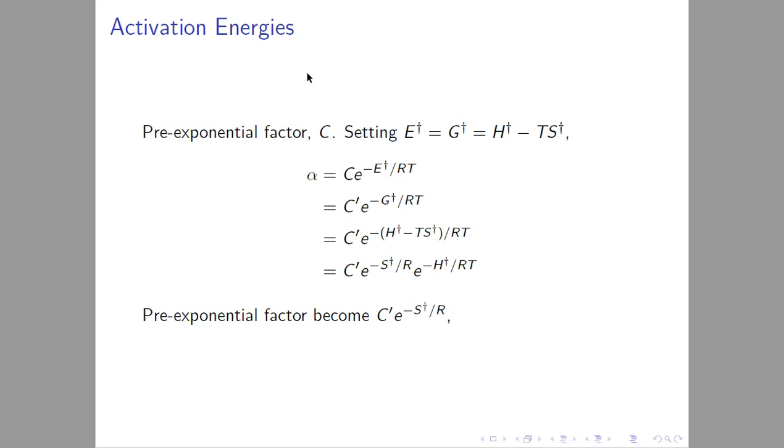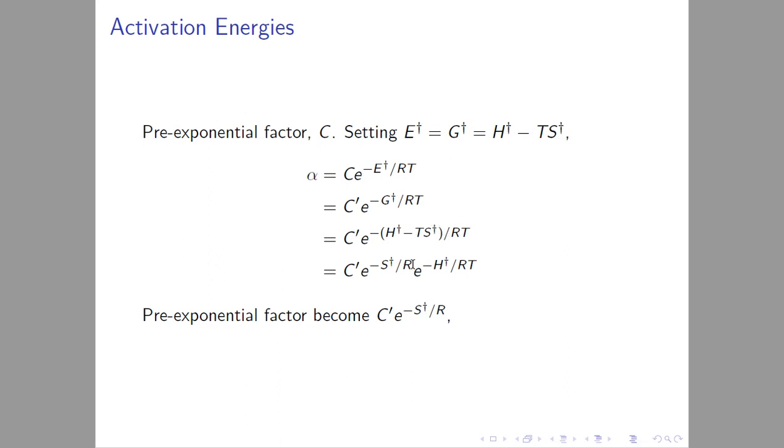Also, if we set the constant or the frictional factor C, and we set E dagger to the free Gibbs energy, equal to the enthalpy minus the entropy, then putting this into the equation, G dagger over RT equals H dagger minus TS dagger over RT.